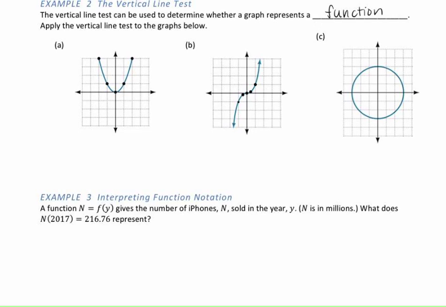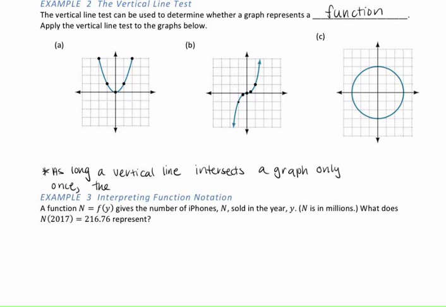How does this work? As long as a vertical line intersects a graph only once, the graph is a function.